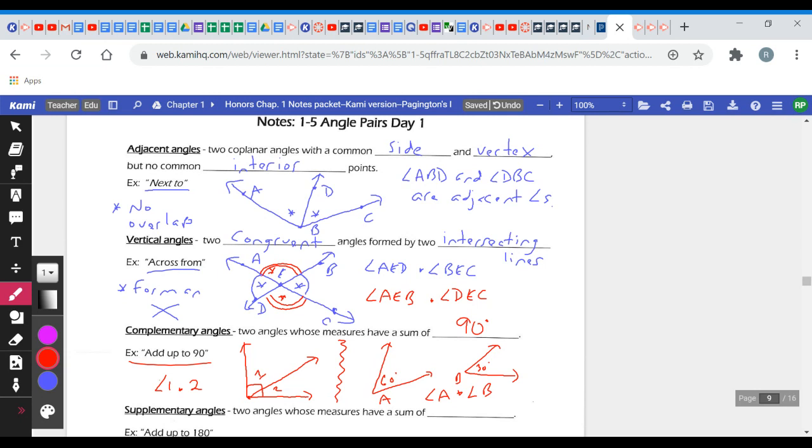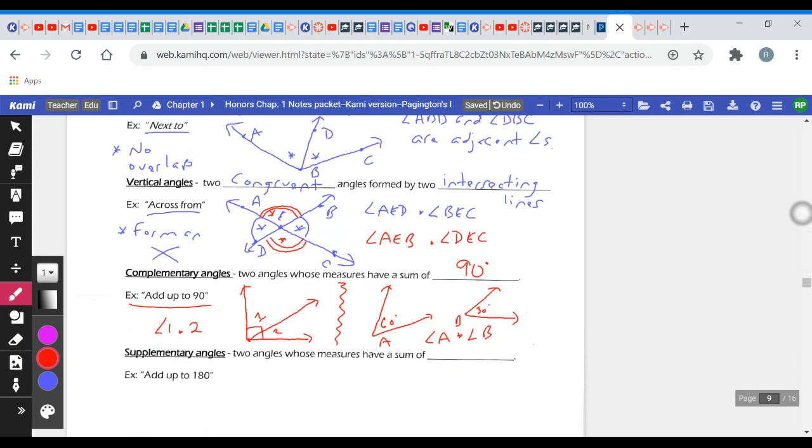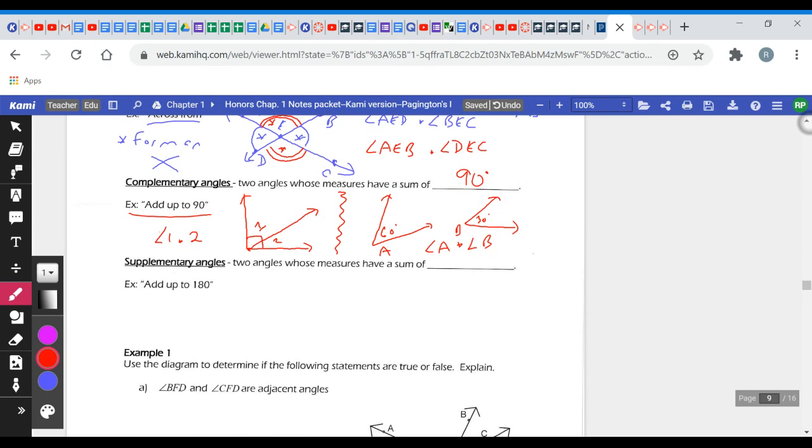So it doesn't necessarily have to be that they're adjacent or right next to each other, but they can be. All right, so let's move up the screen so we can do the last wording here, which is supplementary.